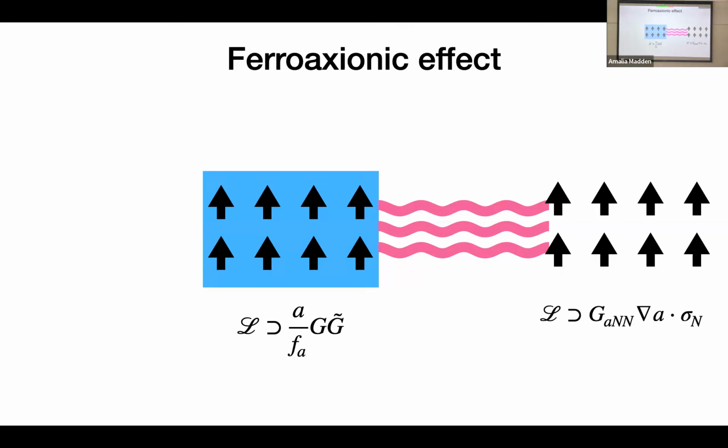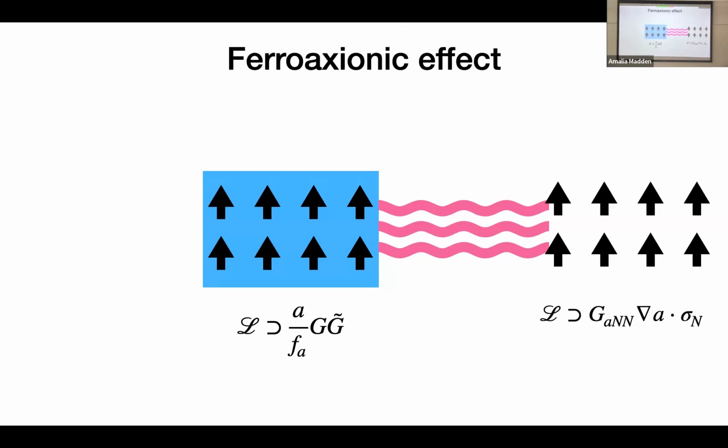But couldn't you just detect it in the same way you detect it with a piezoaxion? Yeah, we estimated that, and detecting it with the piezoelectric crystal ends up being too small. Sorry, can I say more about sourcing the axion? What did you need to do to this piezoelectric? The reason we call it the ferroaxionic effect is because you now need a subclass of piezoelectric materials, the ferroelectric materials, because they have an extra polarization vector intrinsic to them that gives you some parity direction for your parity violation.